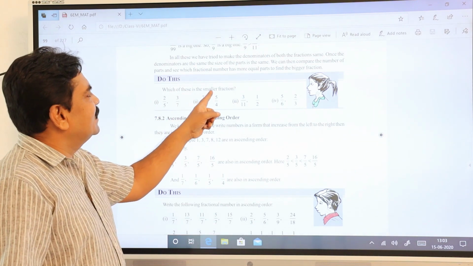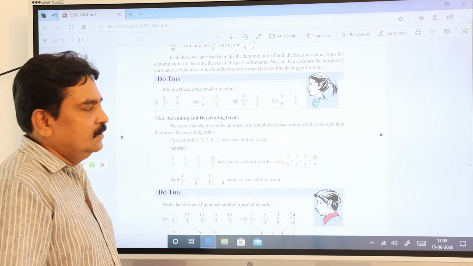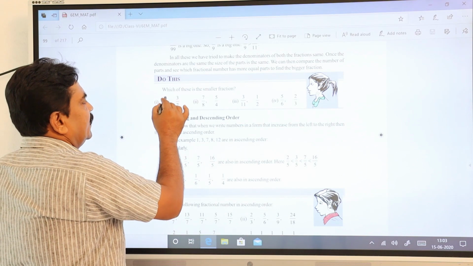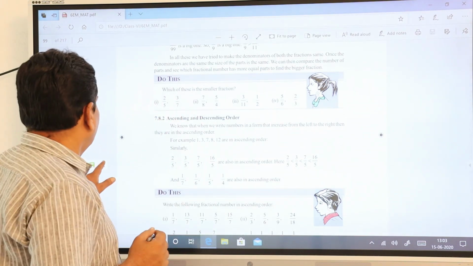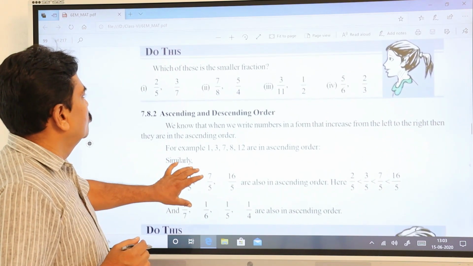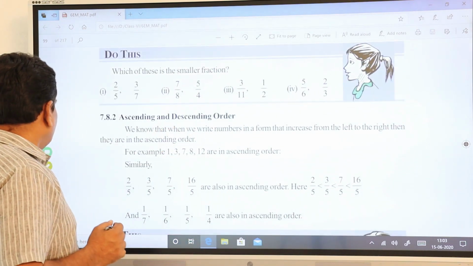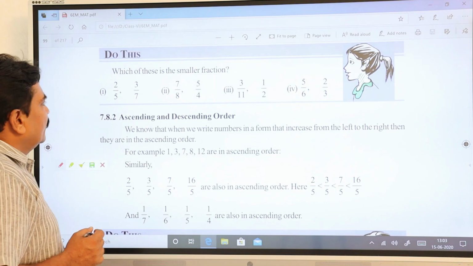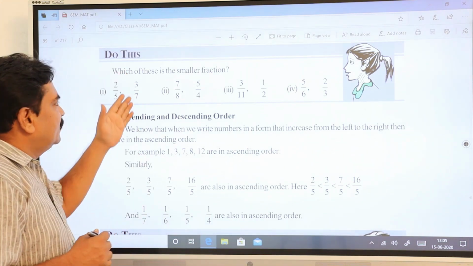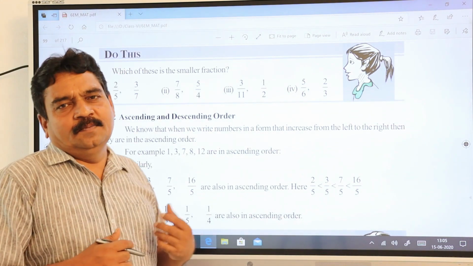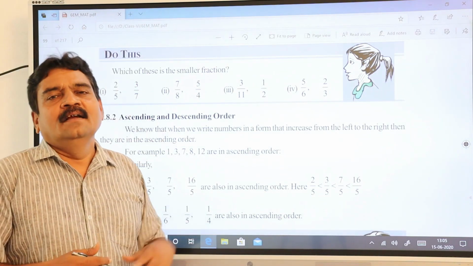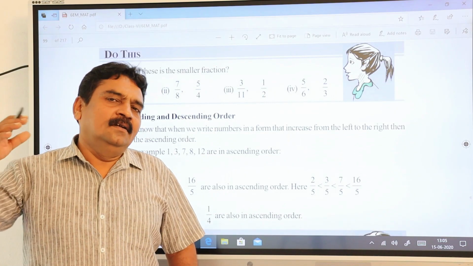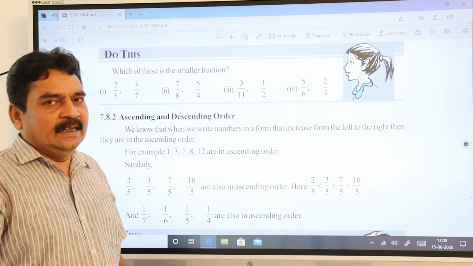Which of these is the smaller fraction? The first one you have here is 2 by 5, second one is 3 by 7. Let me zoom a little bit so that you can understand much better. It is not possible by just seeing the fraction numbers to say this is a greater fractional number than this.